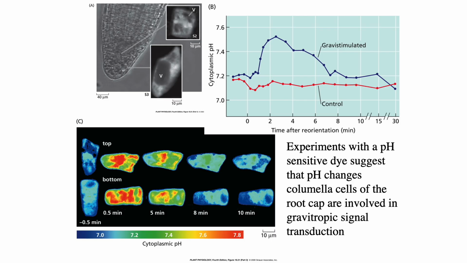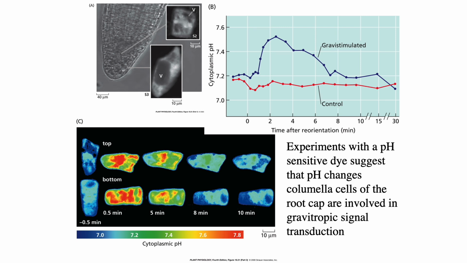Part of the signal transduction pathway involves changes in the cytoplasmic pH of the columella cells. A pH-sensitive dye can be used to illustrate this. In A, we see a micrograph showing a magnification of the root tip and two columella cells at different levels, or stories, of the root cap, labeled S2, story 2, and S3, story 3 in the inserts.